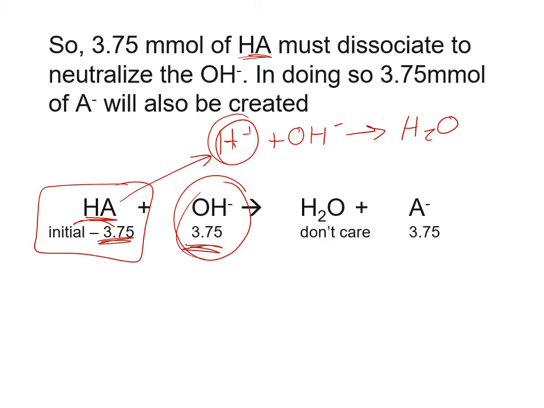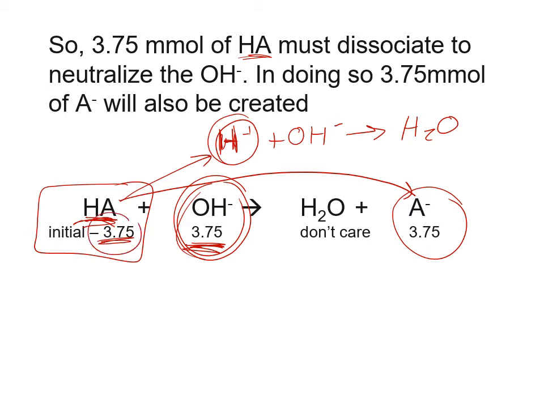Now, we need to realize that for every hydrogen ion we make, remember we also make the anion of the weak acid as well. So if your OH- is forcing 3.75 millimoles of the hydrogen ions to be produced from the weak acid, then that same amount of anions is also going to be produced, because remember, as the HA dissociates, for every one hydrogen ion you get, you're also going to get one anion.